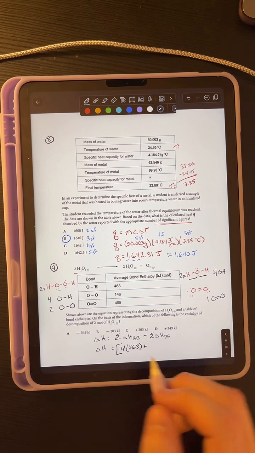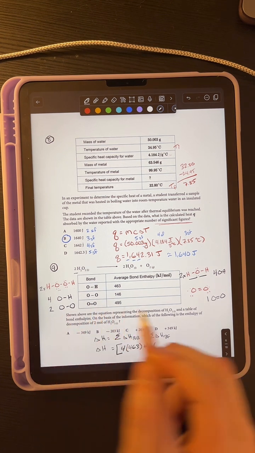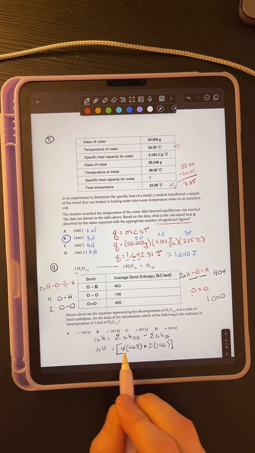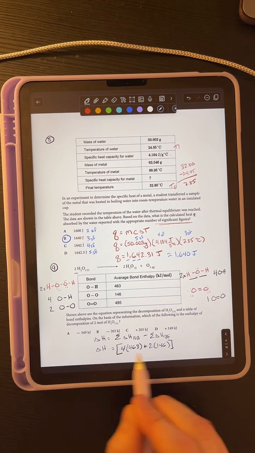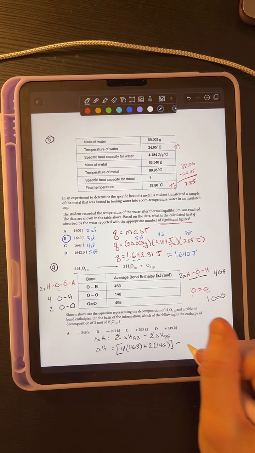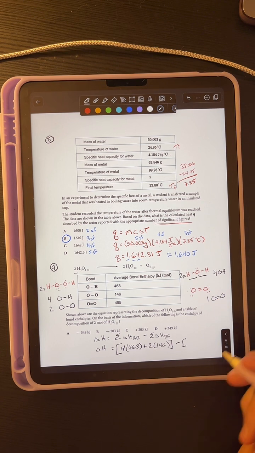And then we'll add that to 2 of our OO single bonds at 146. And that's what this summation symbol means. We're adding everything together. And then we'll subtract from that the sum of our bonds that are formed.